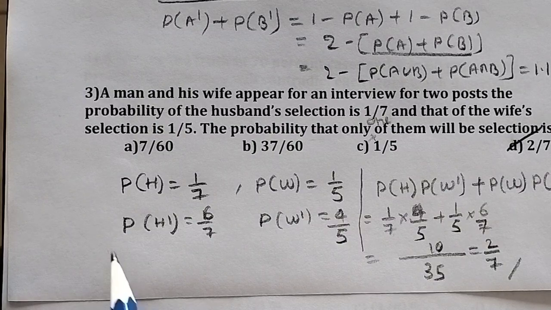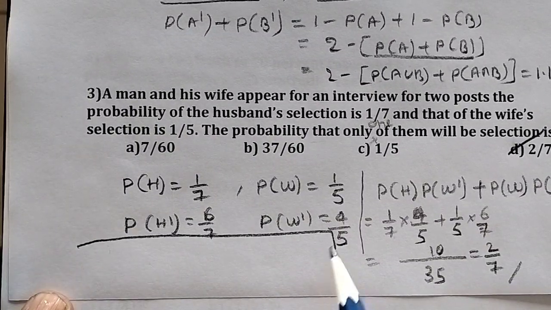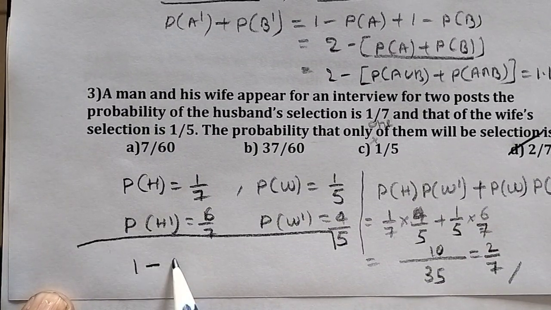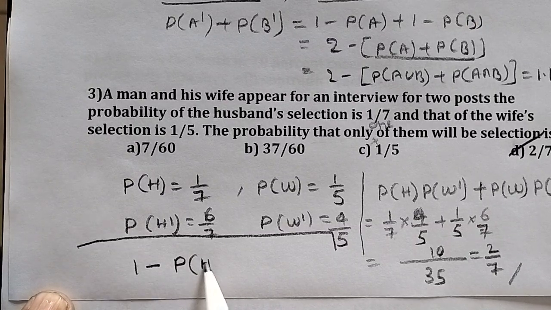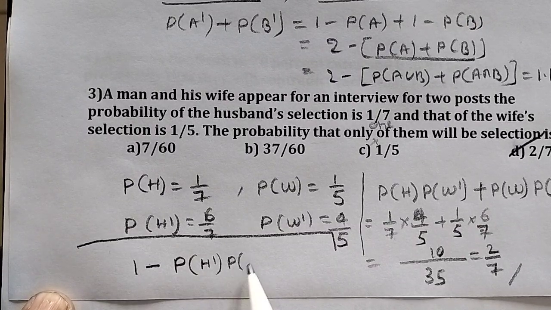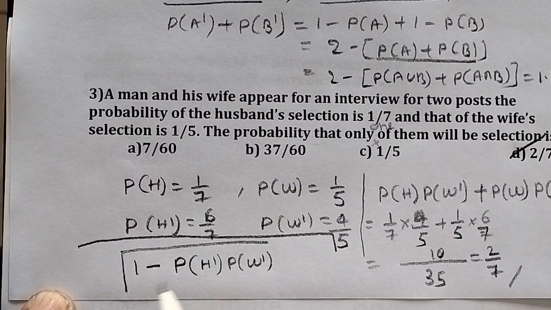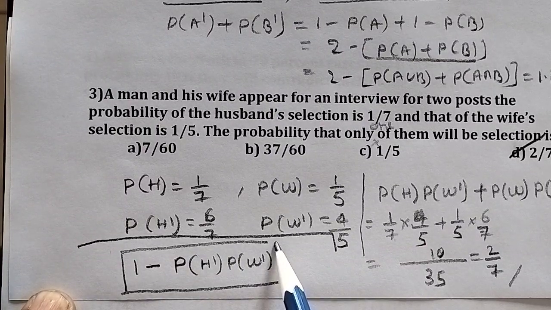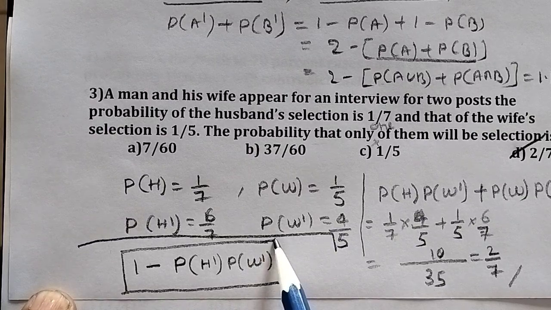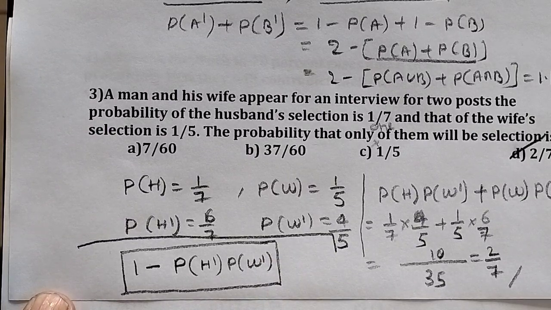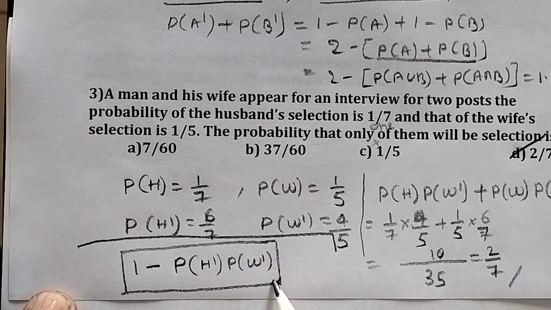We can solve it in a simple way: 1 minus the probability of the husband not getting the job and the probability of the wife not getting the job. This result gives at least husband or wife getting the job. So please make a note. They may ask questions like this also.